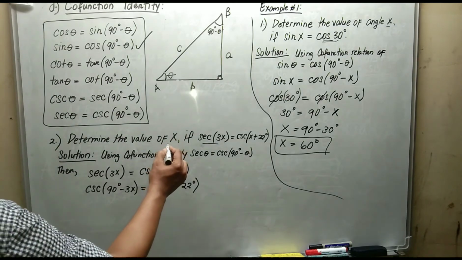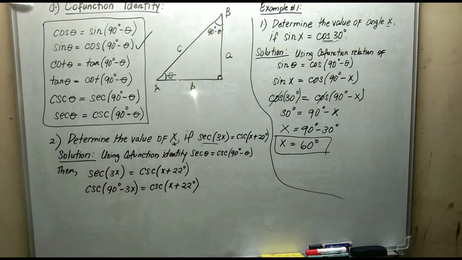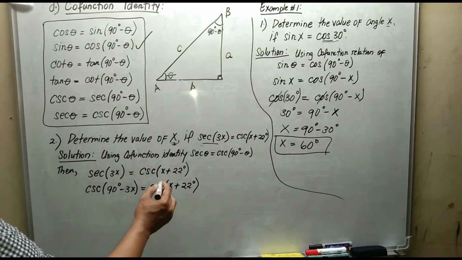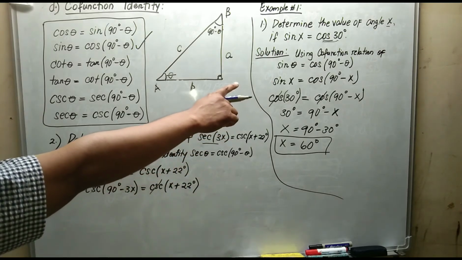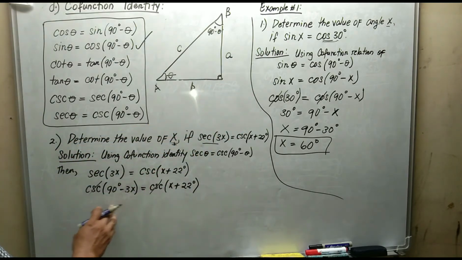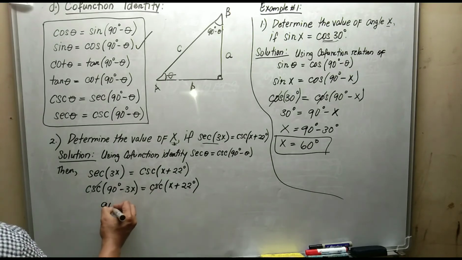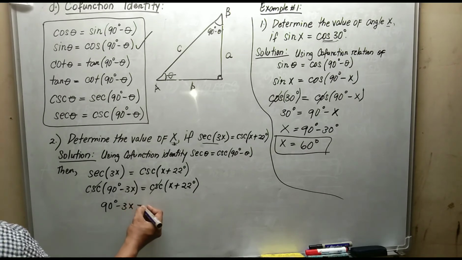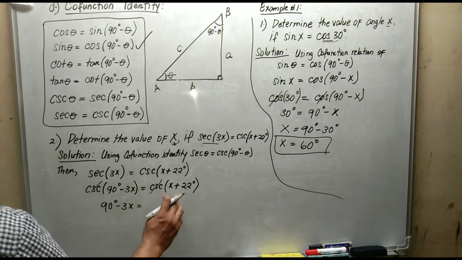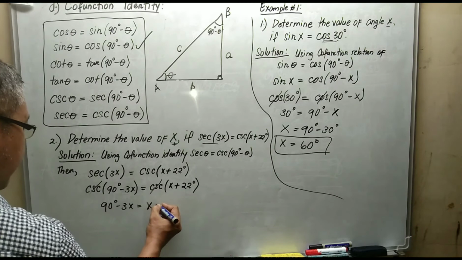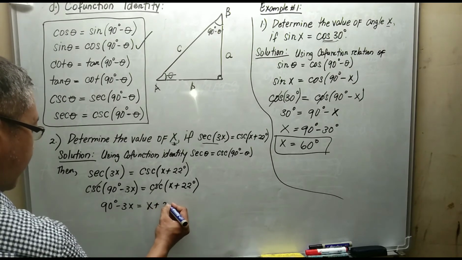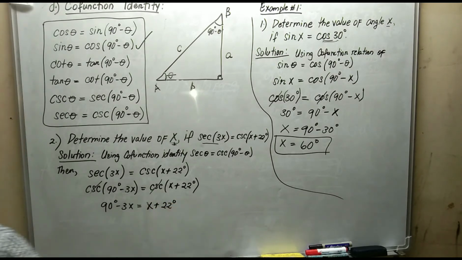It's our requirement. Now to simplify further this expression, we can cancel this cosecant from both sides, similar with the first problem. Now the remaining expression will be 90 degrees minus 3x is equal to x plus 22 degrees.